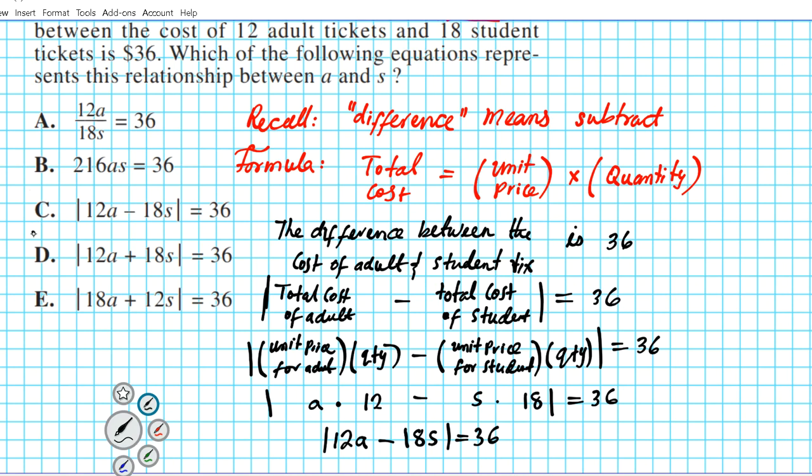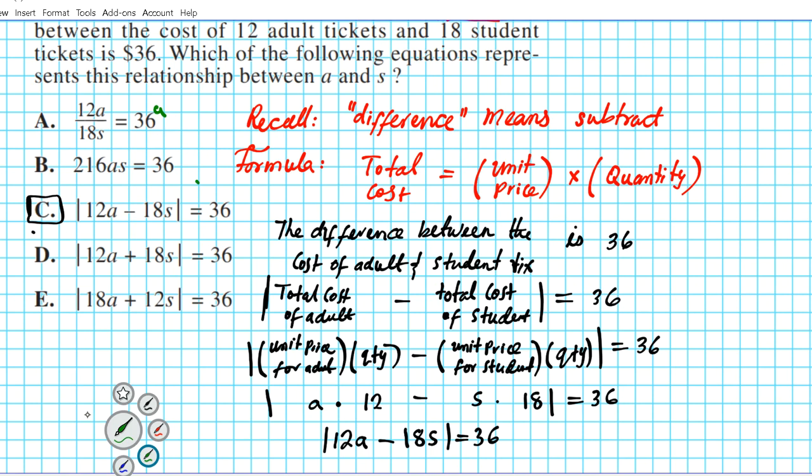Let's take a look at the other options real quick just to see why they're there. Option A is the quotient. Here you're dividing, so remember division is quotient.